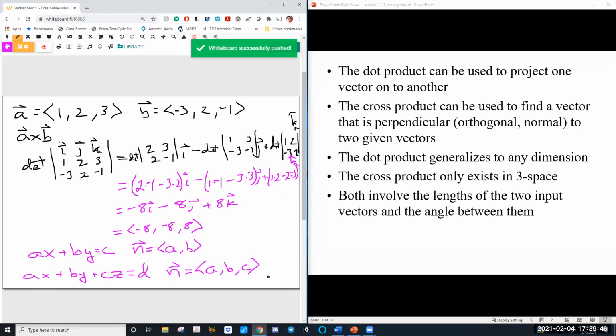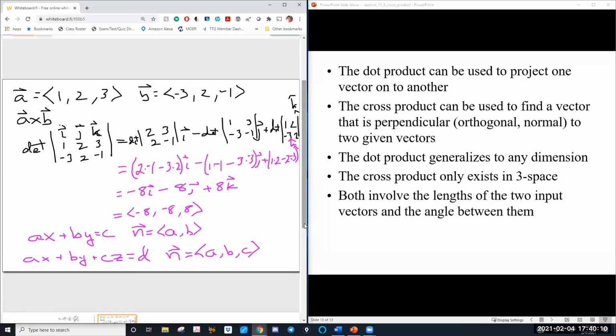I do have one more question. It says the cross product only exists in 3-dimensional space, but you only need 2 vectors in order to get the cross product. Is that because the third vector you get out of it is in the third dimension, the z? Yes, I understand what you're saying.